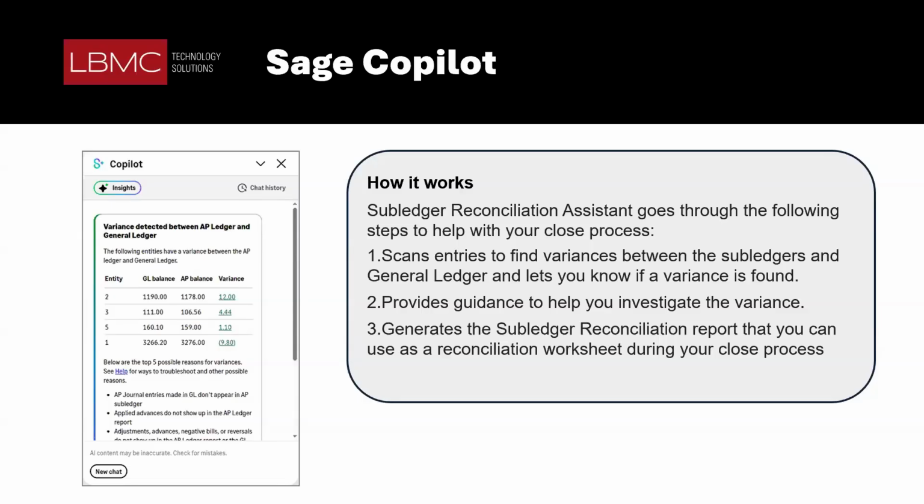So it gives you insight, and it gives the system and yourself within the environment more automated instances where you can use Copilot to identify any variances or discrepancies that you may have in the environment within Sage Copilot.